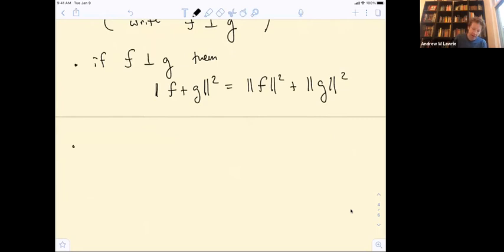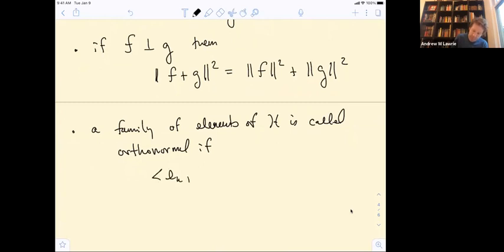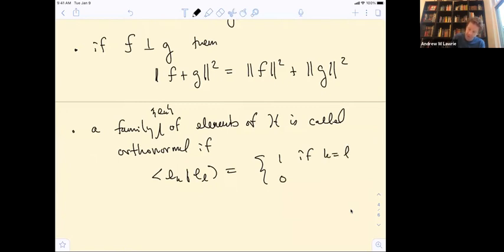And then a family of elements is called orthonormal if, taking the inner product between two elements of the family, let's call them e_k, either finite or infinite, it is equal to 1 if k is equal to l, and 0 if k is not equal to l.